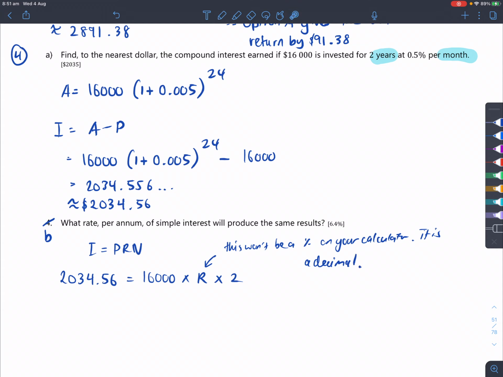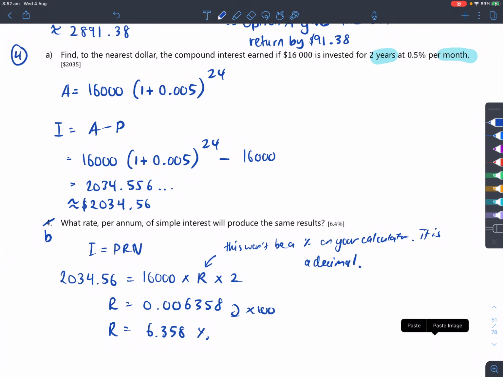So if we divide these two numbers over to the other side, 2034.56 divided by 16,000 divided by 2 gives us 0.006358. Now we have to times this by 100 to make this into a percentage. So multiply this by 100, and that will get us 6.358 exactly as a percentage. And then you can round that to 6.4 if you want, or leave it like that. That's okay.